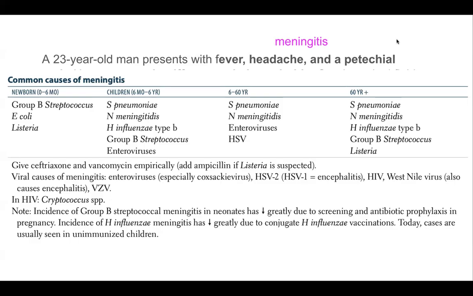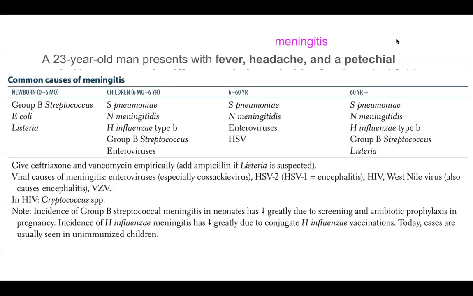In children, you have a different set of pathogens, so strep pneumo, Neisseria starting to come into play, H flu, in particular, you think about patients that haven't been vaccinated yet, GBS again, and then enteroviruses. And then 6 to 60 years, so most middle-aged patients, including our patient who's 23 years old: strep pneumo, Neisseria, enteroviruses, and HSV.